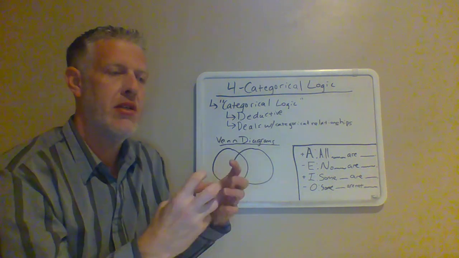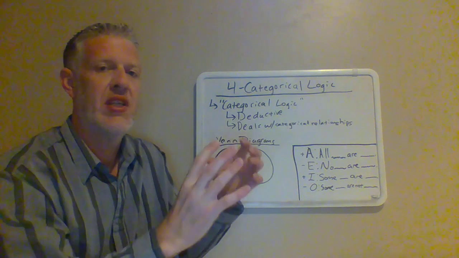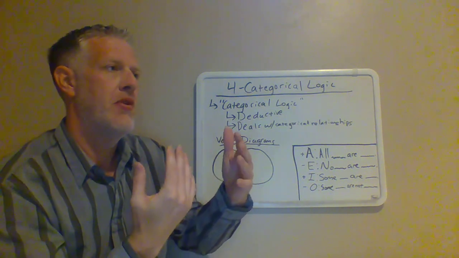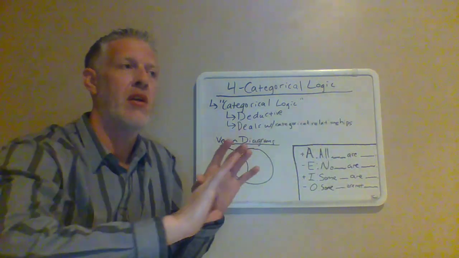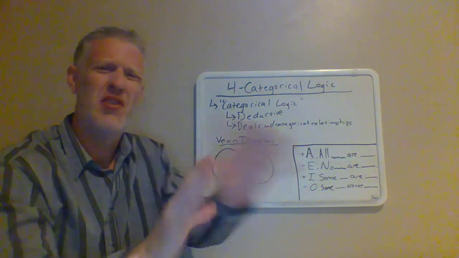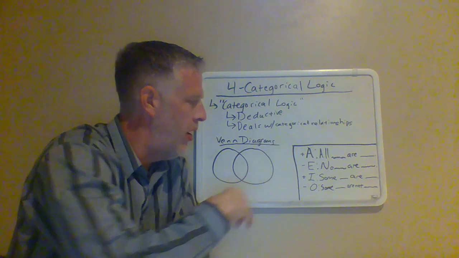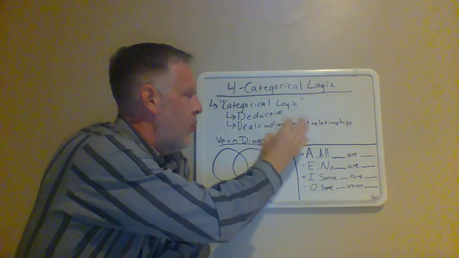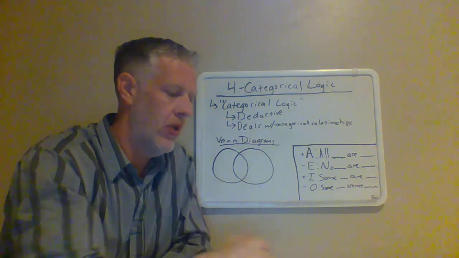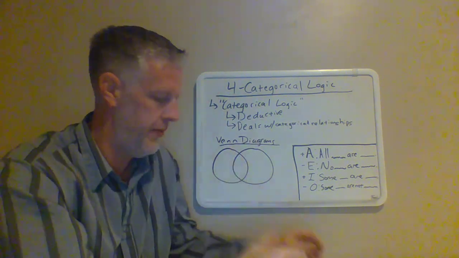Generally the idea is that there's a sense in which we're including one category in another, or excluding it and saying it doesn't belong in some sense. This will make more sense as we proceed. But again, we're dealing with categories or classes of things and their relationships to one another.